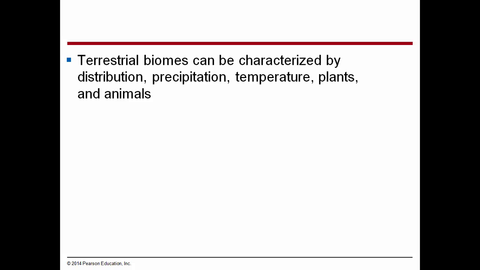Terrestrial biomes can be characterized by distribution, precipitation, temperature, plants, and animals. Okay, so all these are characteristics of these different biomes, but they are caused by climatic factors, precipitation and temperature chief among them.